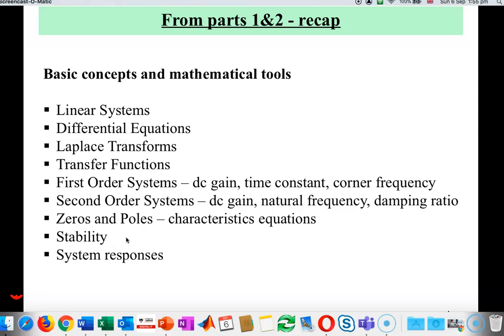From the responses, we also studied the issue of stability, and that leads us to the new definition of zeros and poles of a system, and how you can determine if a system is stable or not from the position of the poles, but also how fast or how slow a system may be, again, from the location of the poles. So that's what we covered so far.